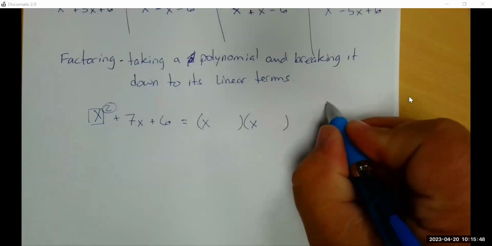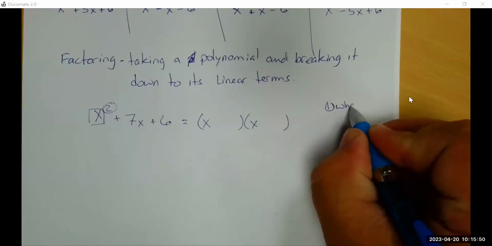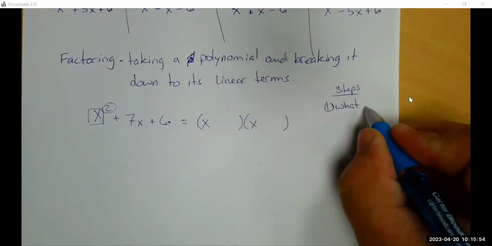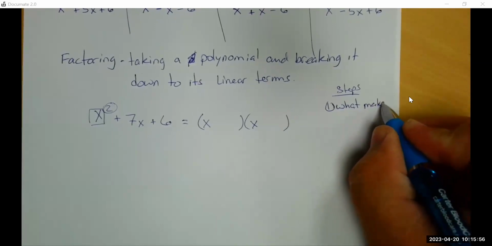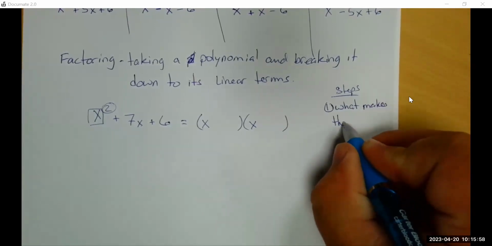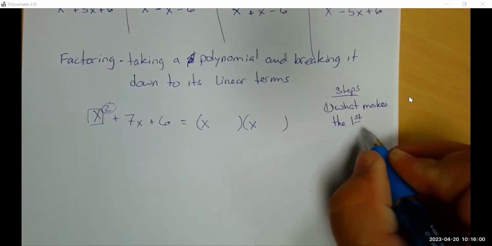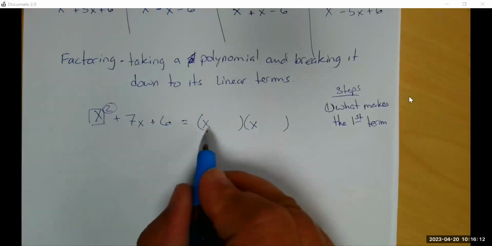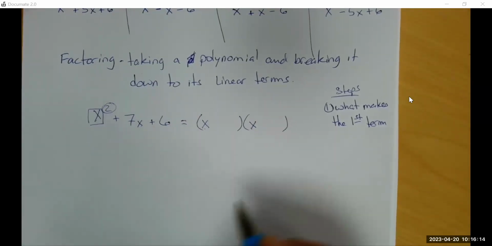So the first thing is, here are the steps. What makes the first term? We figured out since it's x squared, it's x times x.